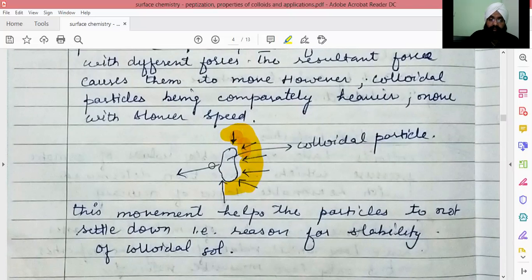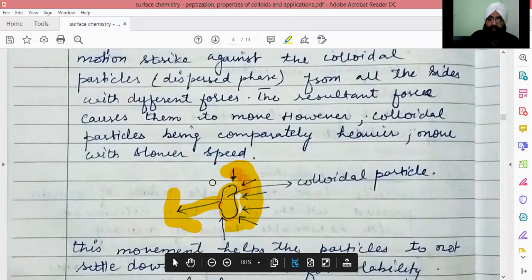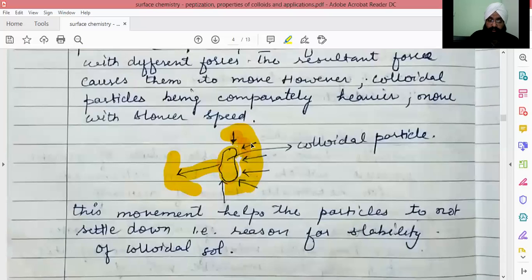Those imbalanced forces on the colloidal particles result in the movement of the colloidal particles. Whereas in true solutions, this is not happening, because the particle size is very small, and the motion is not captured.